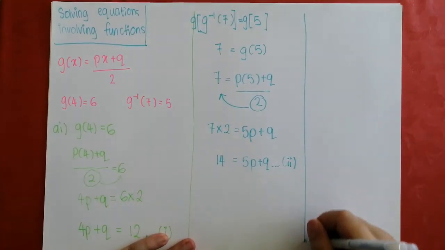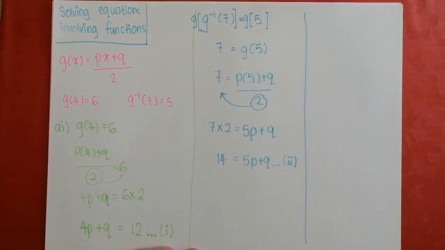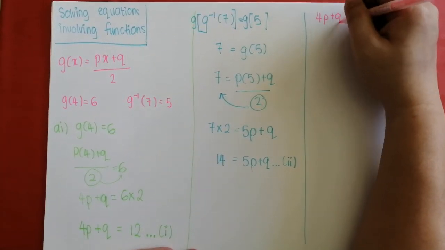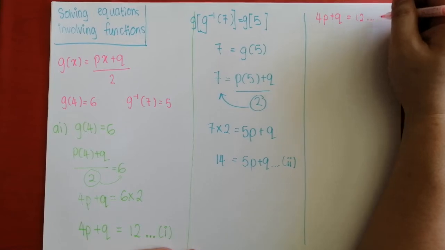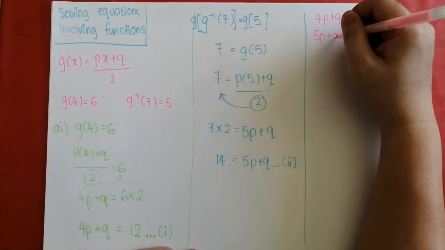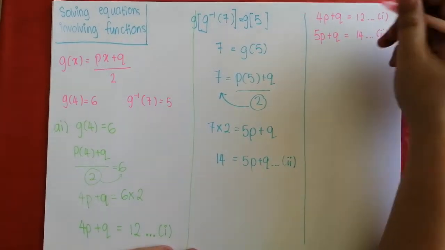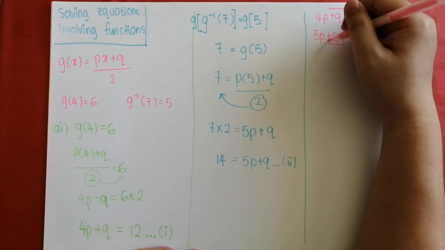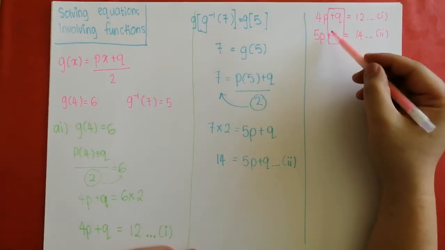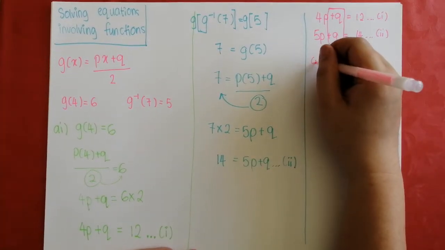Since we have two equations, equation 1 and equation 2, we're just going to solve simultaneously. So I'm going to rewrite this. 4p plus q equals 12, first equation, and second equation, 5p plus q equals 14. Because the coefficients of q are the same and both q have the same sign, we're going to subtract.